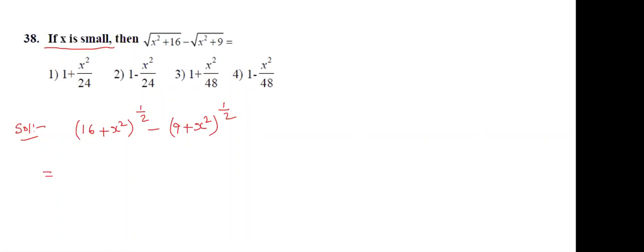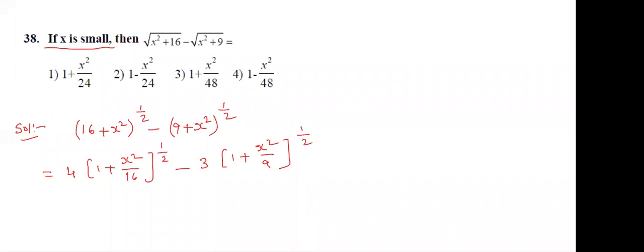The power 1 by 2 is there. 16 power 1 by 2 is 4. 1 plus x square by 16 whole power 1 by 2. Here also take 9 common. The power is 1 by 2, that means root, so we get 3 outside. So 1 plus x square by 9 whole power 1 by 2.